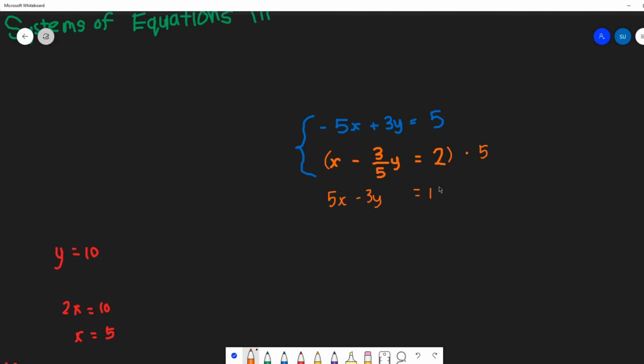I multiplied by 5 to get rid of the 5 in this denominator. And now we have negative 5x plus 3y equals 5 for the top equation.